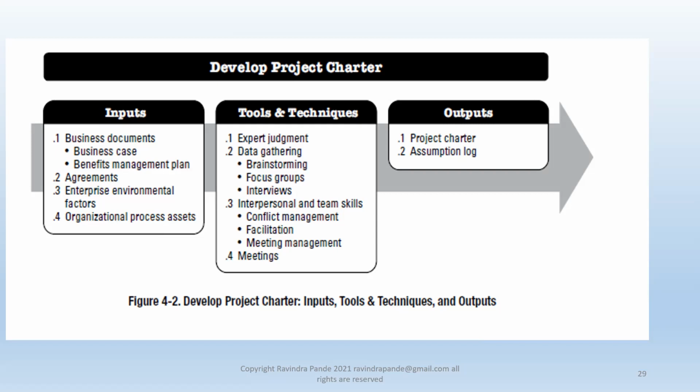So let's try to understand, from develop project charter, the inputs, tools and techniques, and outputs. This is the best way of explaining any process, and these have been certified by major institutes and major IT companies, even in terms of the Six Sigmas and CMMI of the world.